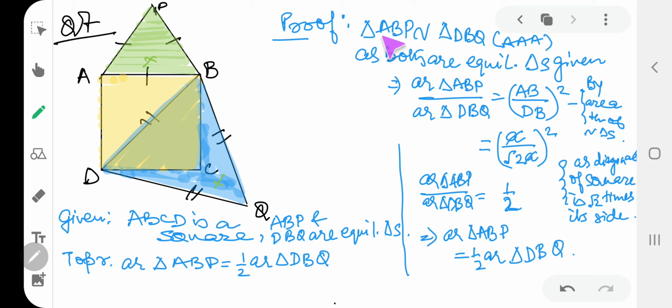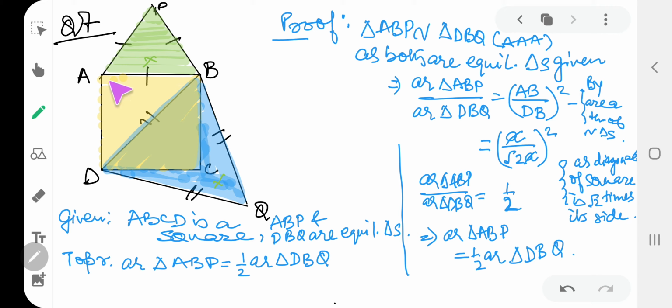So we can say triangle ABP is similar to triangle DBQ by AAA similarity, as both are equilateral triangles. And you know that the ratio of the area of similar triangles is equal to the ratio of the square of their corresponding sides. So I will take one side of this triangle as AB and the corresponding side will be BD, and its square.